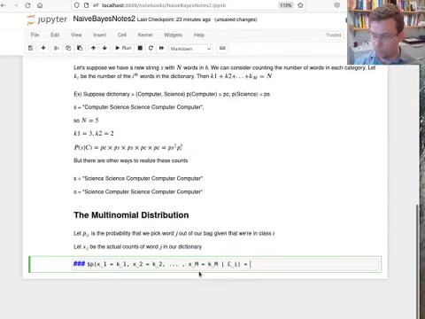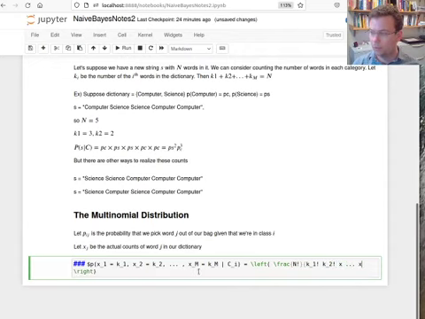is equal to, okay, a couple things. So we've got this thing here, which you might recognize. If you've seen the binomial theorem before, you might recognize some of this, but it's going to be n factorial over k1 factorial times k2 factorial times all the way up to km factorial.